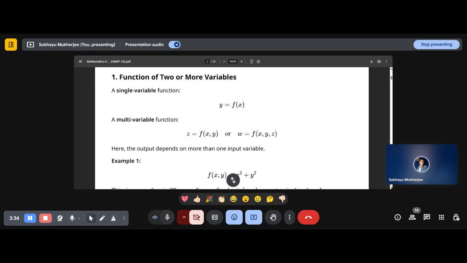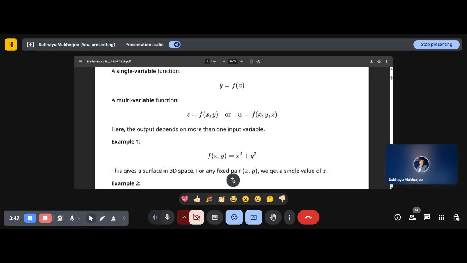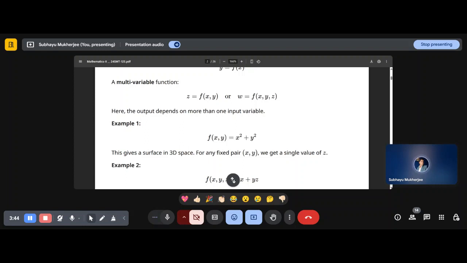And a multivariable function is z equals f of x comma y, or w equals f of x, y, and z. Example, f of x comma y equals x square plus y square. This gives us a surface in 3D space. We know x square plus y square equals a square is the equation of a circle, right?